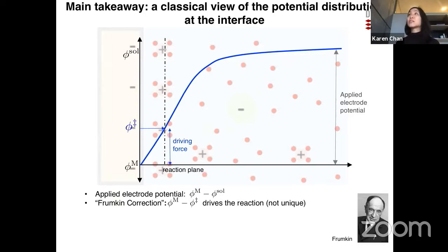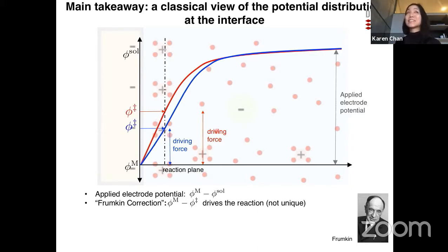One can imagine with a different ion concentration, that's the most usual way to imagine it, and that is Frumkin's idea, actually. But you can also set up the interface in different ways to make up a given applied potential. And so in that sense, then you would have a different driving force for your reaction. Okay. And this has implications for how we do our simulations, and it has implications for electrochemical CO2 reduction.